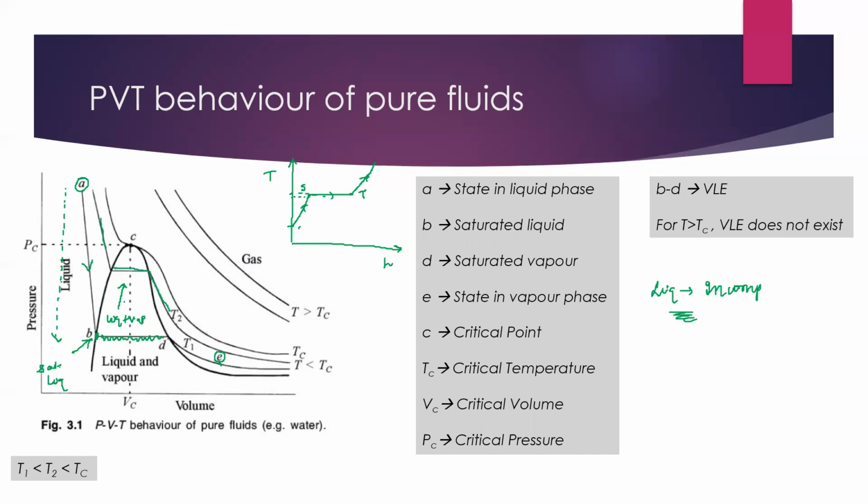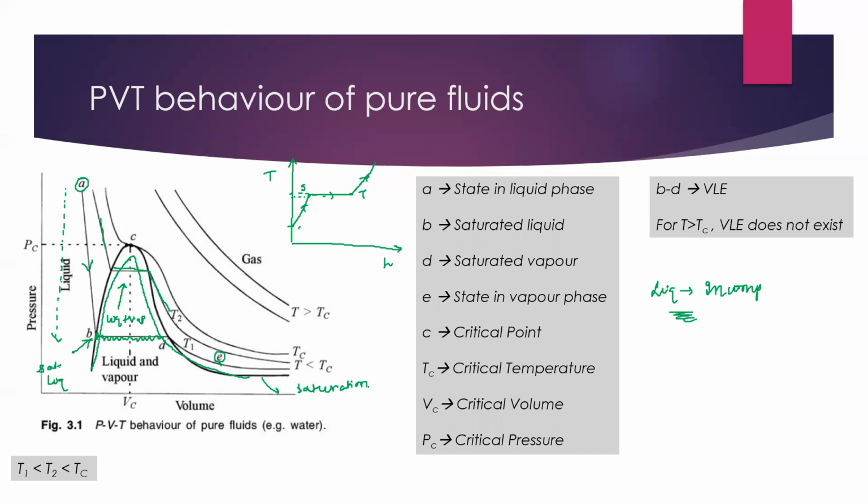As you can see, the gap, the line between B and D, is reducing. So basically we have made this shape that you can see. This curve is actually a saturation curve.